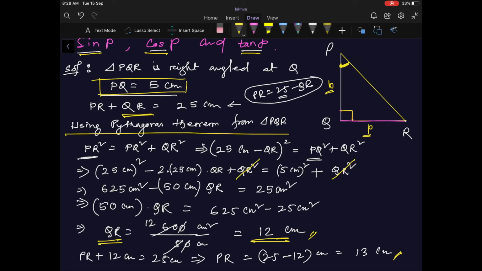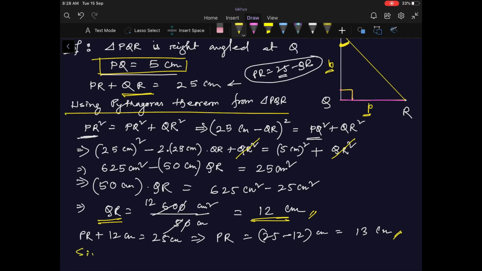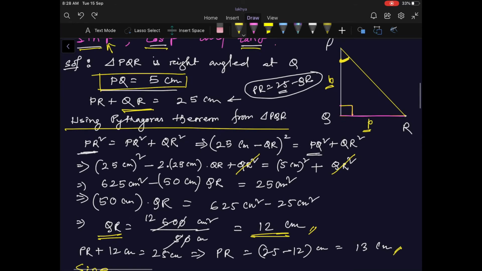With respect to angle P, its opposite side should be considered as perpendicular, and the side opposite to the right angle is hypotenuse. The adjacent side other than the hypotenuse is base.